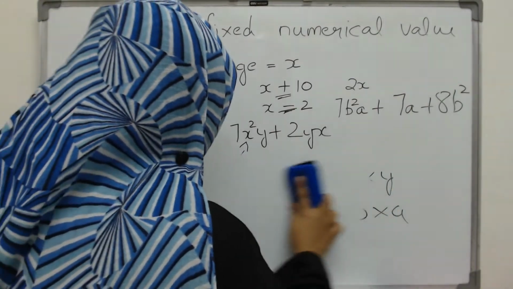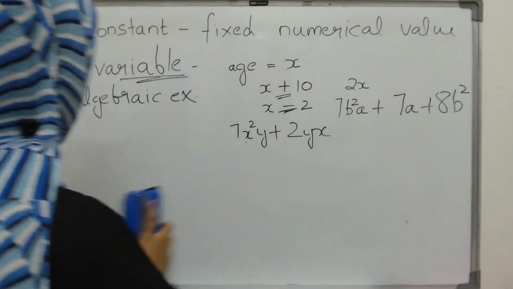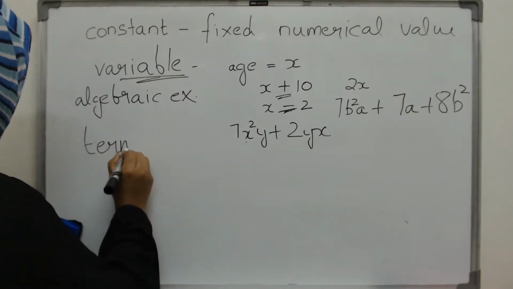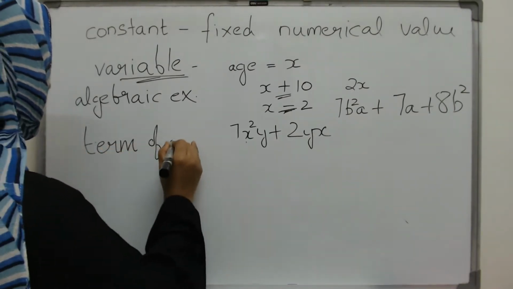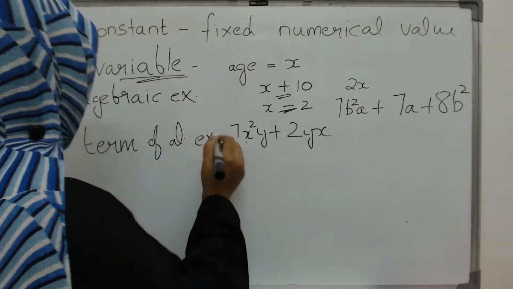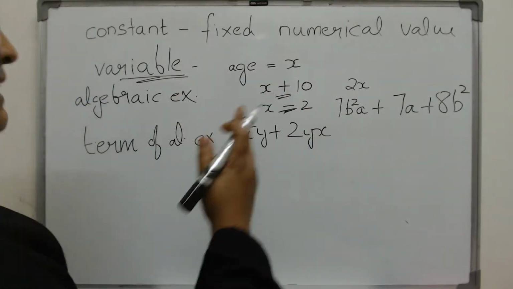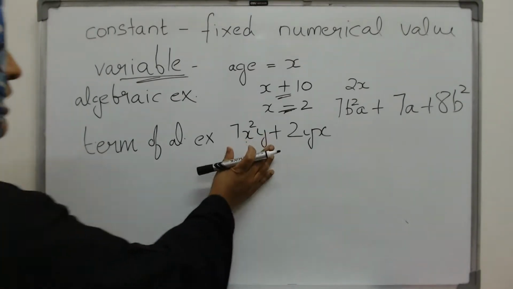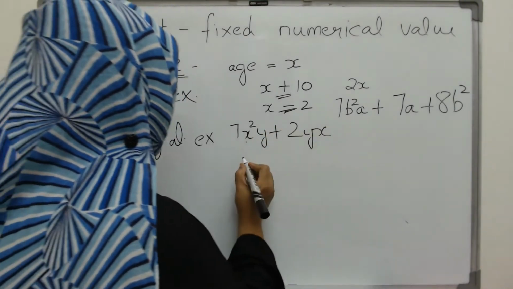And this brings us to the next term we are going to learn today, which is actually the word term itself. The term of an algebraic expression is the quantity which is separated by a plus sign or a minus sign. So you see this, I will write a bit bigger expression.